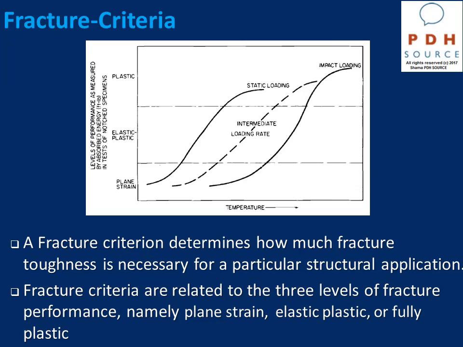As you see, for a static loading, the transition region occurs at lower temperatures than for impact loading, for example. And this is basically depending on the yield strength of the steel. Therefore, for structure subjected to static loading, the static transition curve should be used to predict the level of the performance at the service temperature.